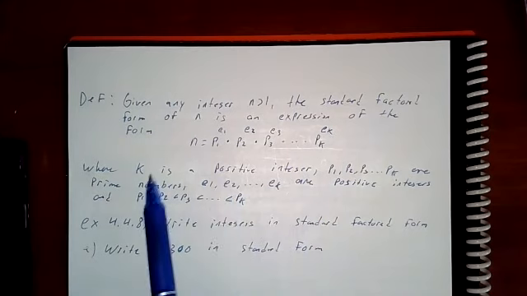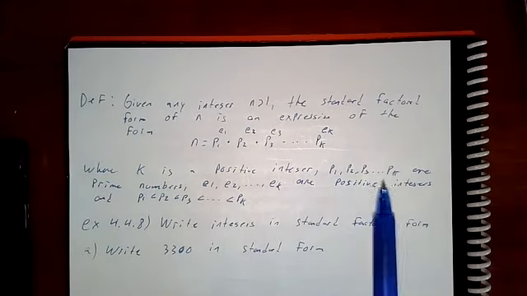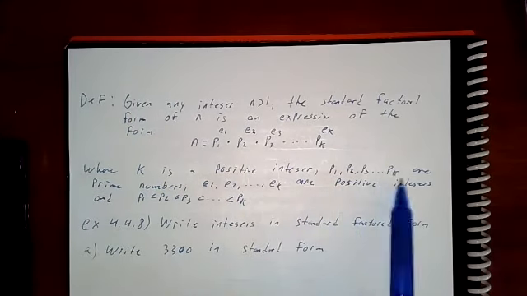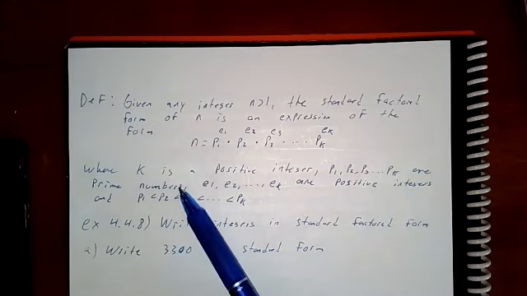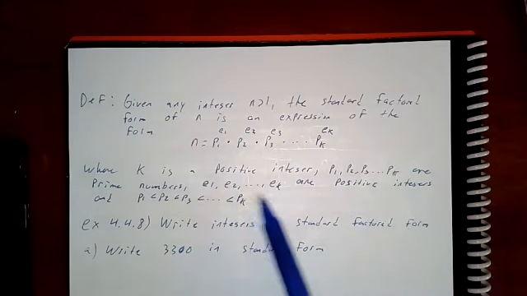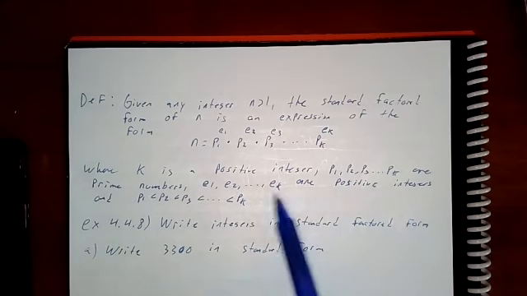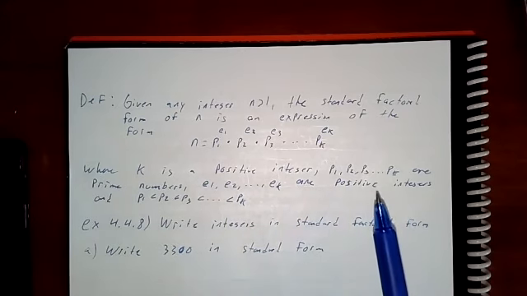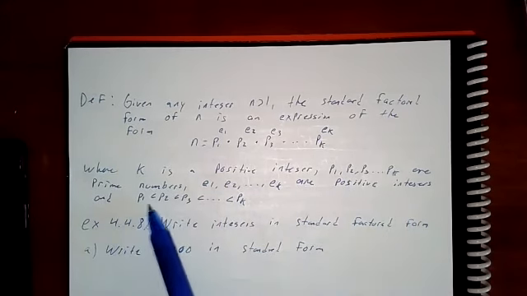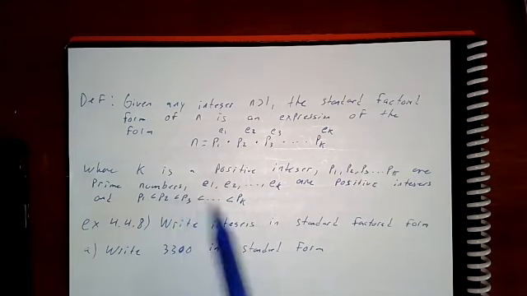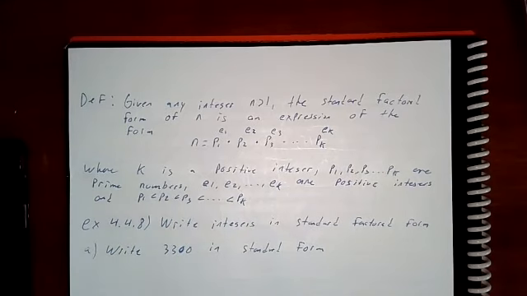This is where k is a positive integer, and p1 through pk are just some prime numbers. e1 through ek are positive integers, so they're just some powers. All the p's are in ascending order, so p1, p2, p3 are each smaller than the next.